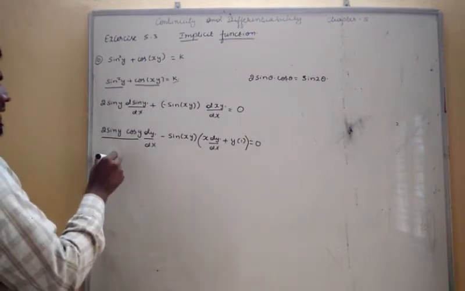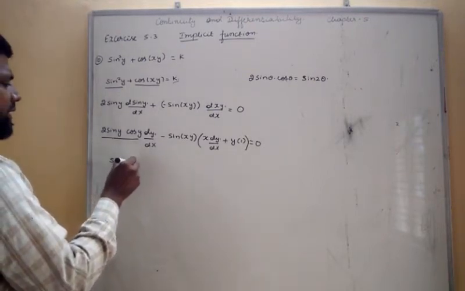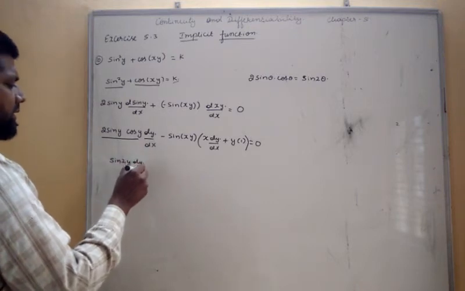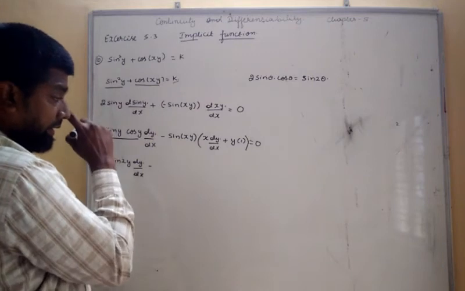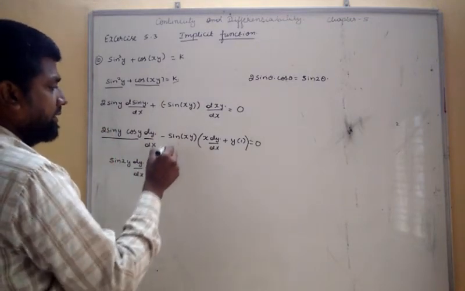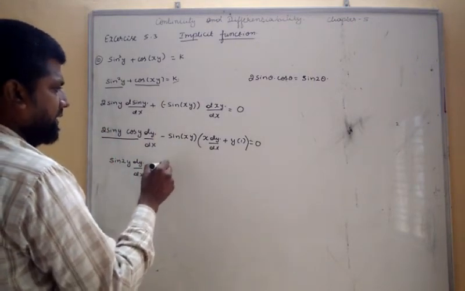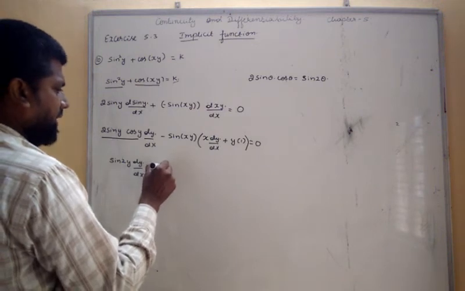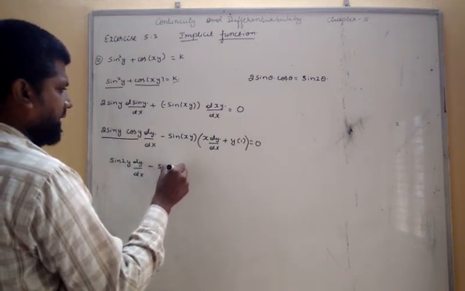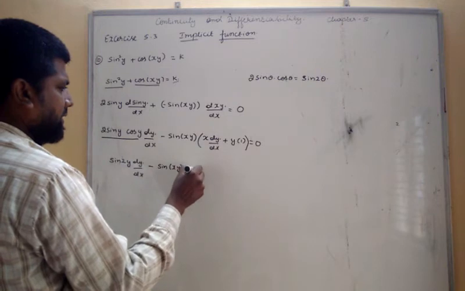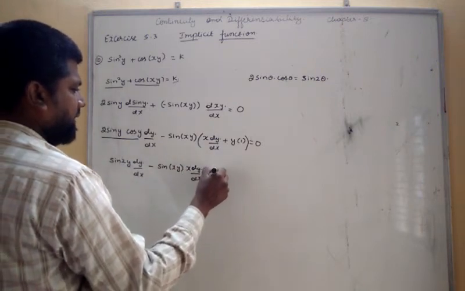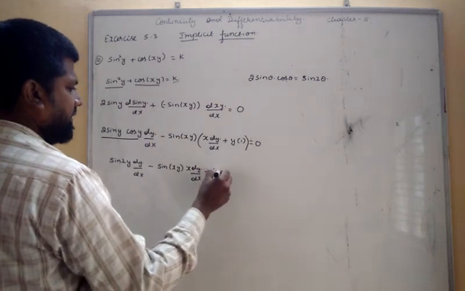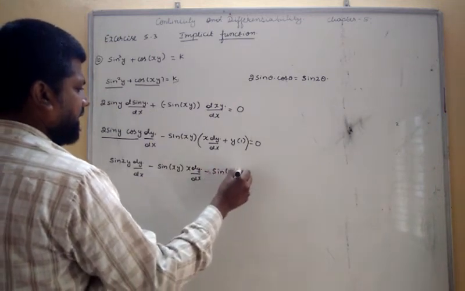So we can write here sin 2y dy by dx, that is equal to, if you multiply with this, minus sin of xy into x dy by dx.